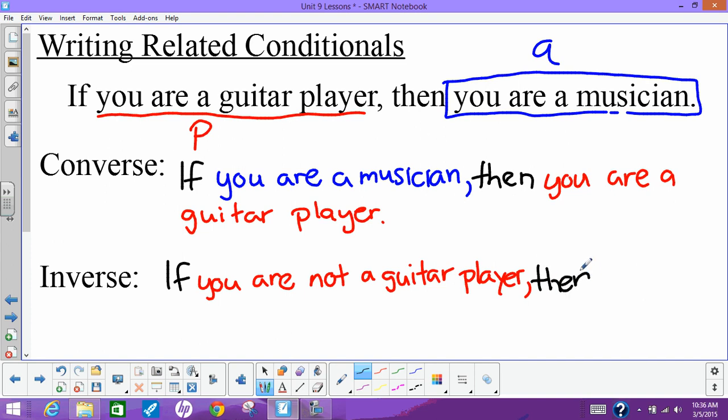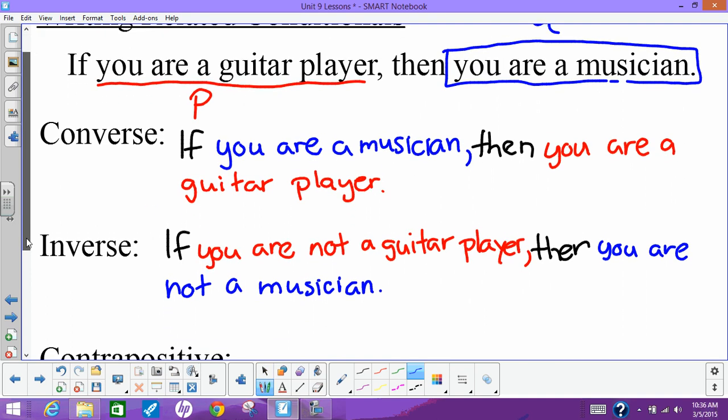And we'll negate you are a musician. The negation of that becomes you are not a musician. So again, we kept the original statements where they were, the original hypothesis and conclusion. All we did was negate each of them.